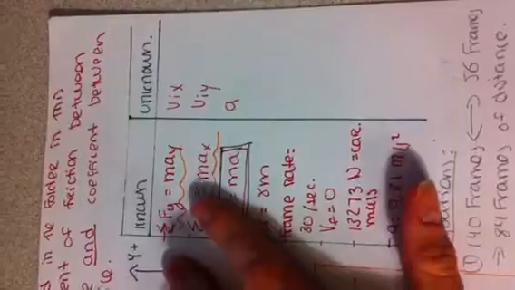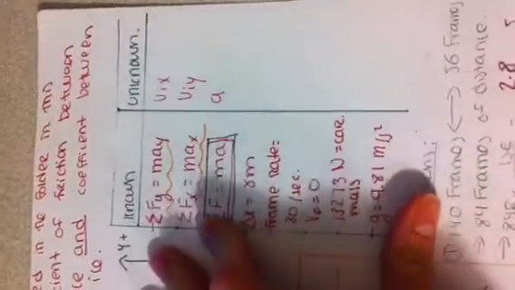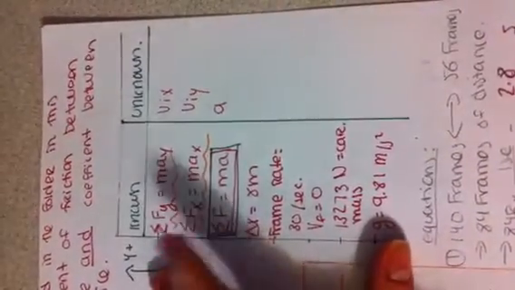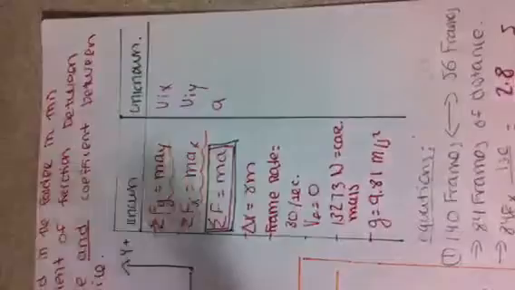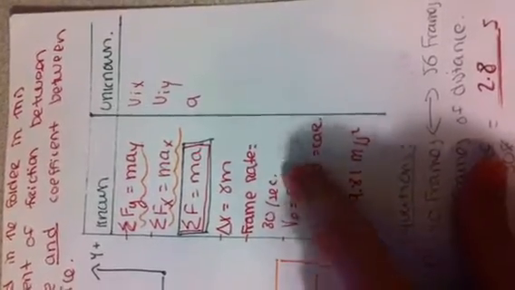So we know that the total force in y equals m, mass, times the acceleration. Same thing for x. That's our force equals m times a. We know that, so I wrote everything that I know. According to the video for the car, the displacement of the car stops at 8 meters. We know that the frame rate is 30 frames per second.